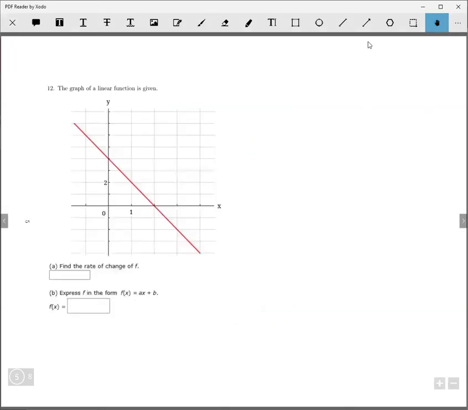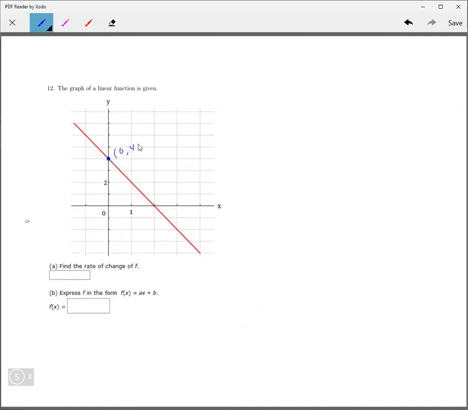Okay, moving on to number 12. The graph of a function is given. Here we're supposed to find the rate of change and express it in these terms right here. The easiest thing is to identify 2 points at intersections where you can tell exactly what the coordinates are.